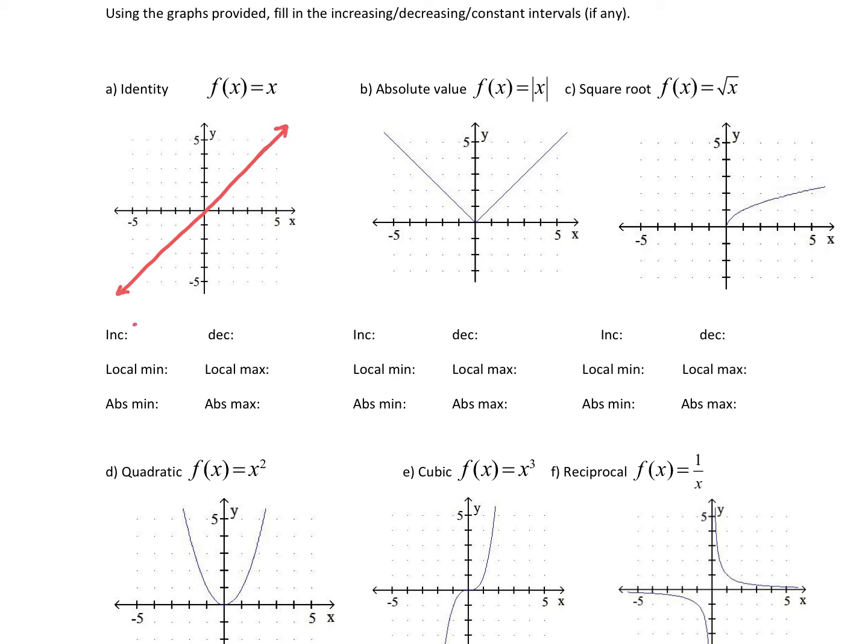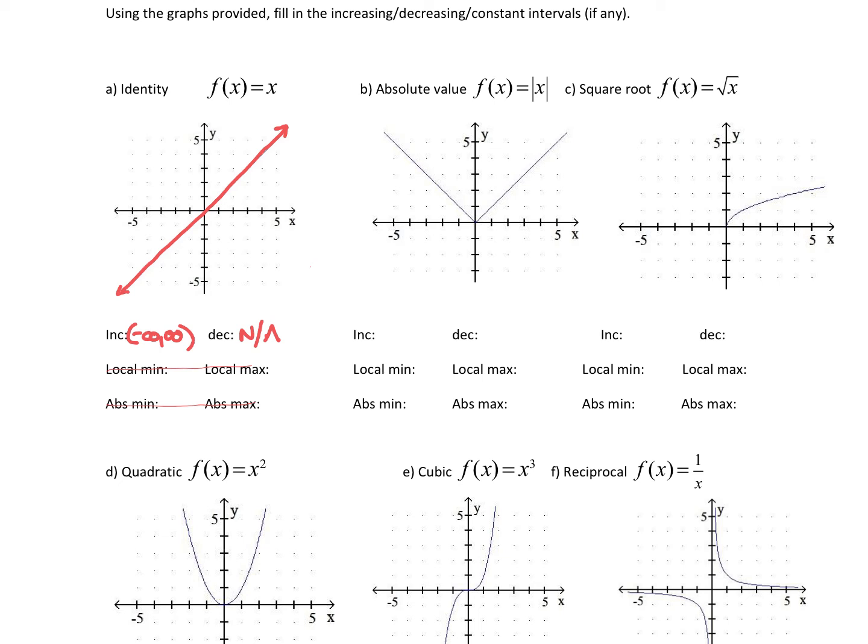So this is increasing all the time, -infinity to infinity, and it is not ever decreasing. In this case, it does not have any minimum or maximum, whether local or absolute, because it's going off to infinity, and when the x values get smaller, it goes down to -infinity.